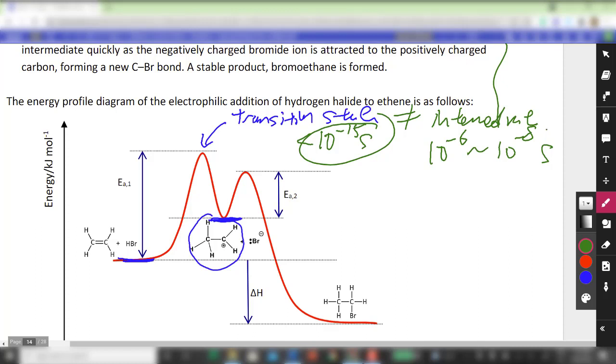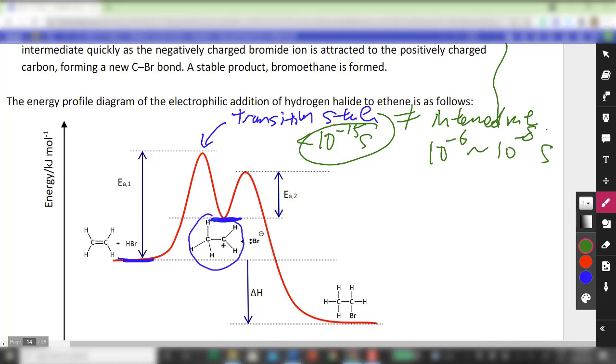So the major difference between transition state and intermediate, in addition to their period of existence, is also the fact that an intermediate already has all the necessary bonds broken and formed.